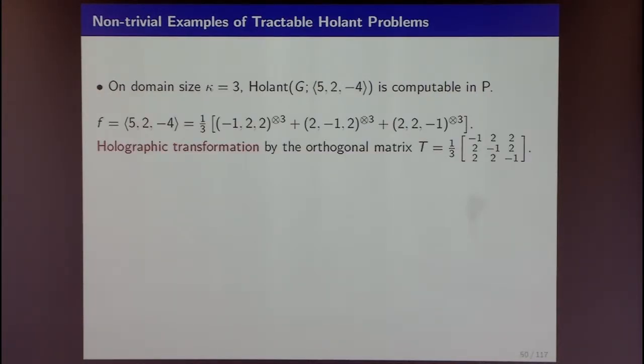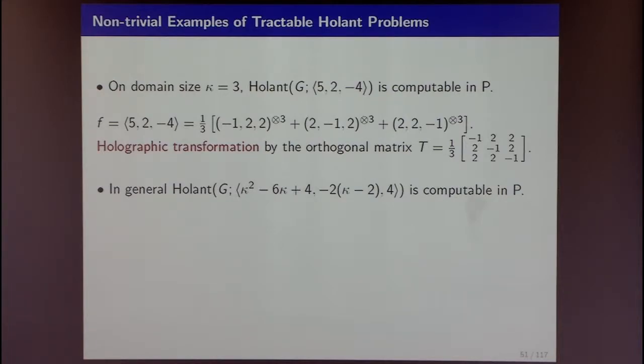And the reason it is computable is by this holographic transformation, but now over the 3x3 domain. You express these as tensor sums, and this should really appeal to the heart of the audience here. You express this in an orthogonal transformation of the original vectors, and this gives you a way to solve it. It's not a totally obvious thing.